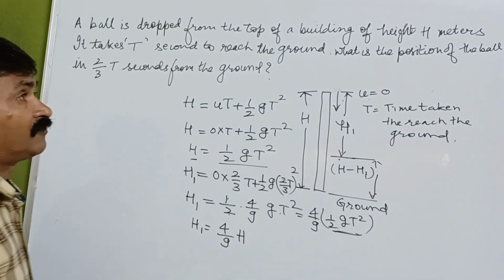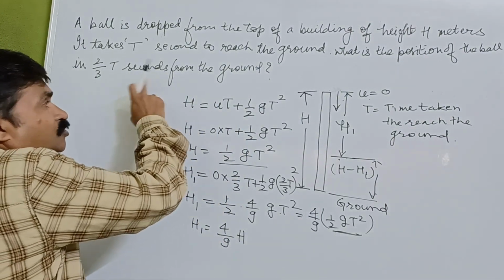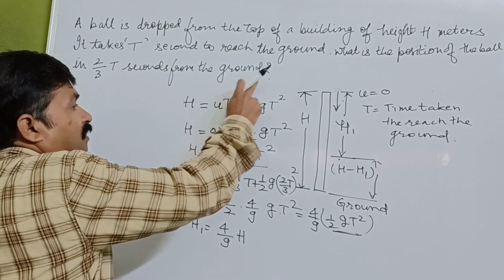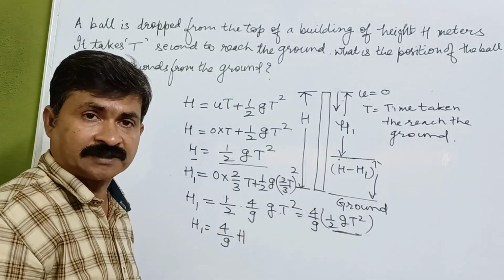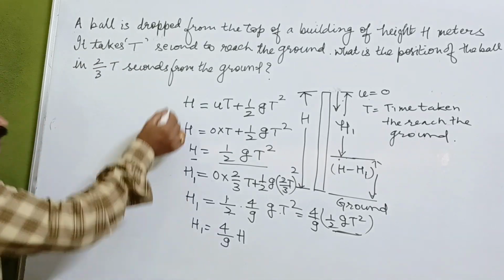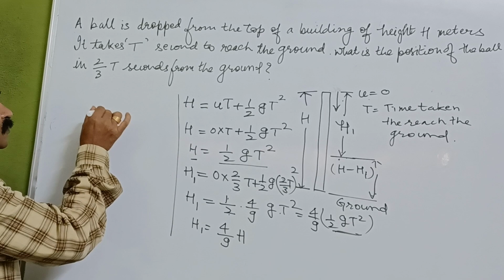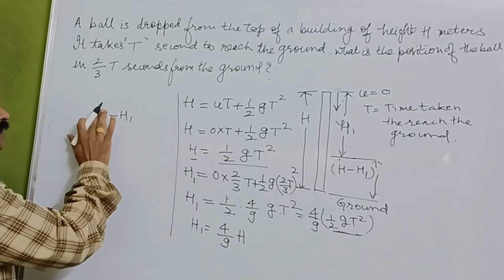Now the question asks for the position of the ball in 2/3 t seconds from the ground. We have to calculate this distance, that is h minus h1. h minus h1 will give you this distance.